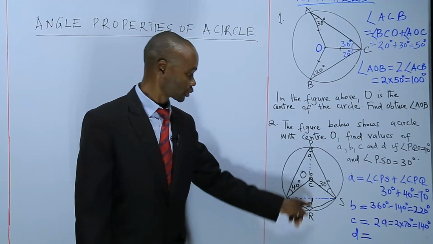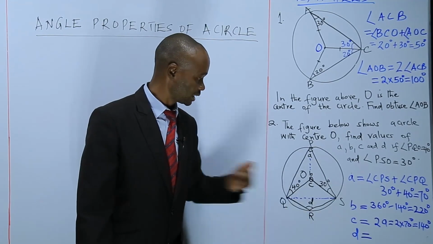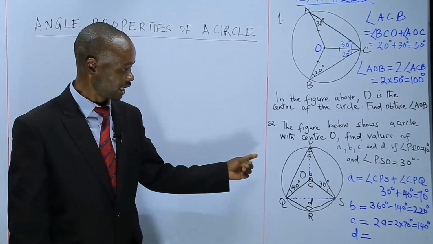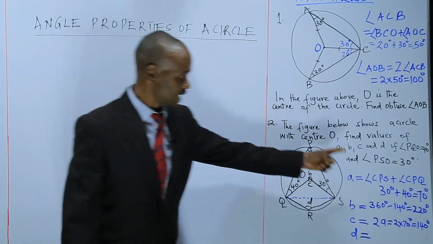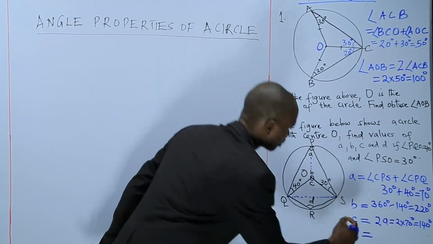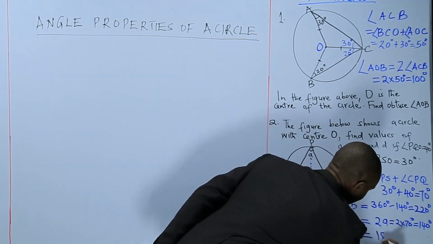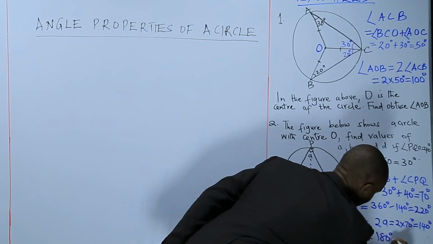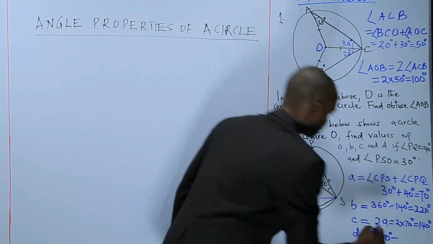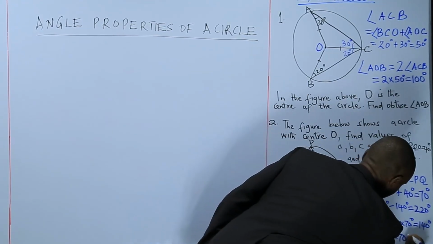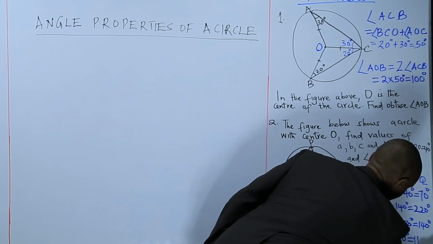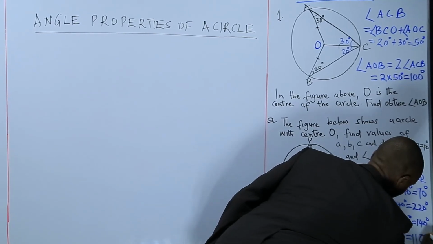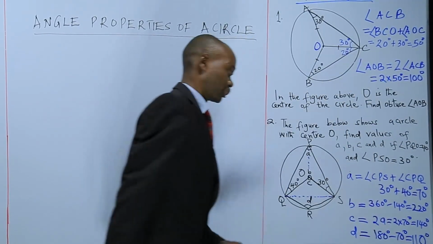These two angles add up to 180 degrees. So if I know A, we got A earlier, D will be equal to 180 degrees, subtract 70 degrees, and it gives you 110 degrees.